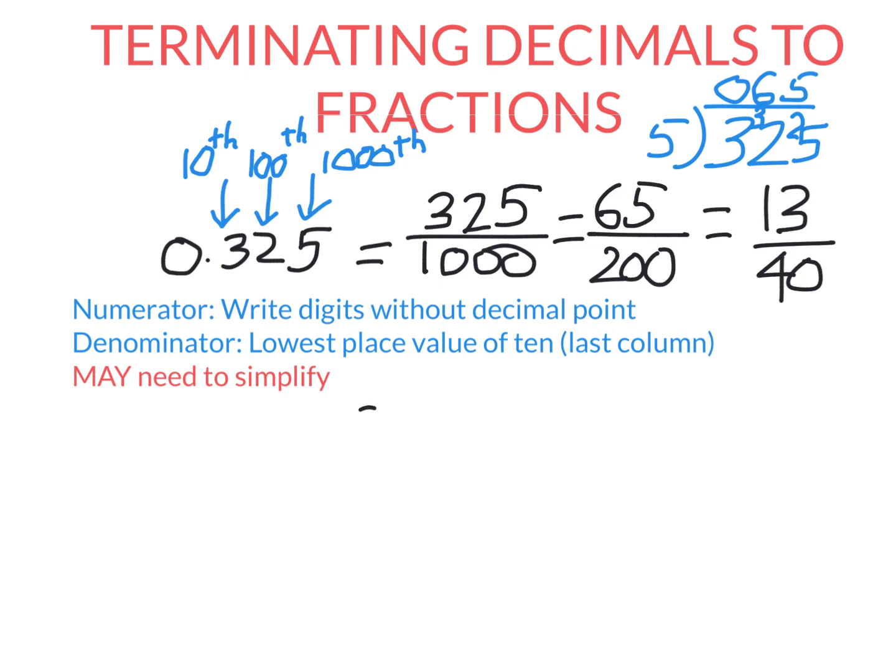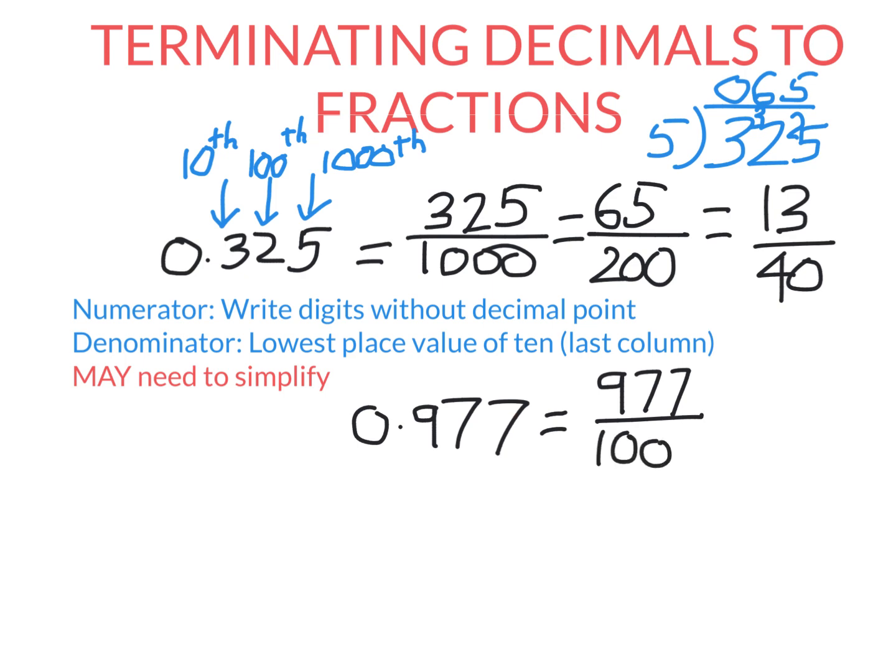So how would we do something like 0.977, for example? Well, we just write the digits on the top without the decimal point, and since 7 is in the thousandths column, 1,000 goes on the bottom. Now I know that I can't simplify this fraction. How do I know that?